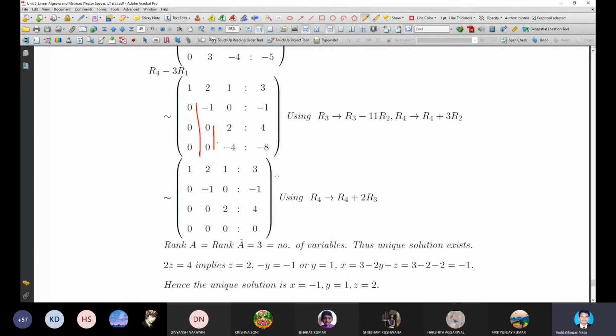In this we can find very easily the number of non-zero rows. Once we confirm that the augmented matrix is in row echelon form, we can find the number of non-zero rows. What is the number of non-zero rows in the augmented matrix AB? 1, 2, 3.